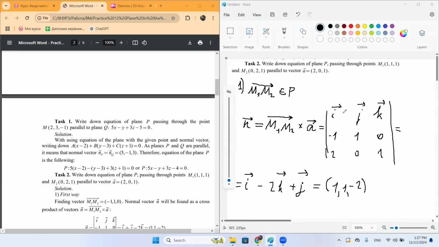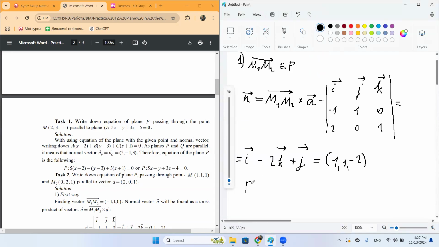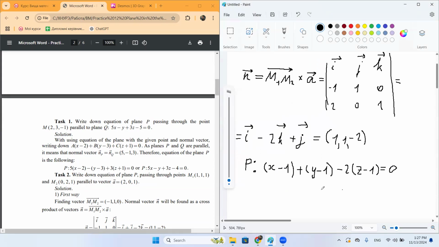Okay, let's go with M1. So the plane P equation is the following: x minus 1 plus y minus 1 minus 2 times z minus 1, and it equals 0.